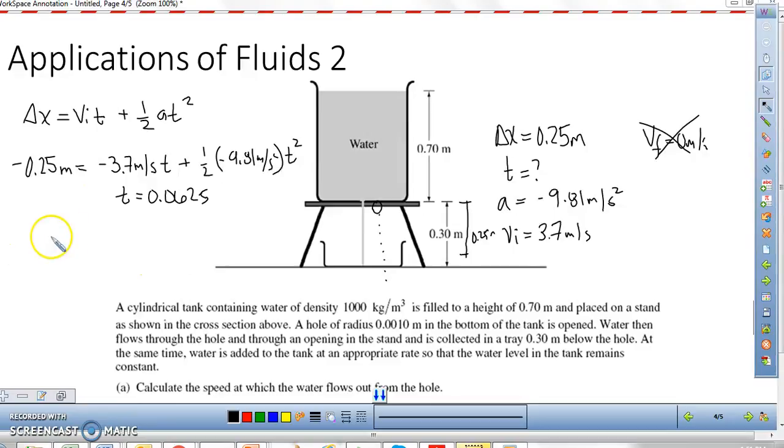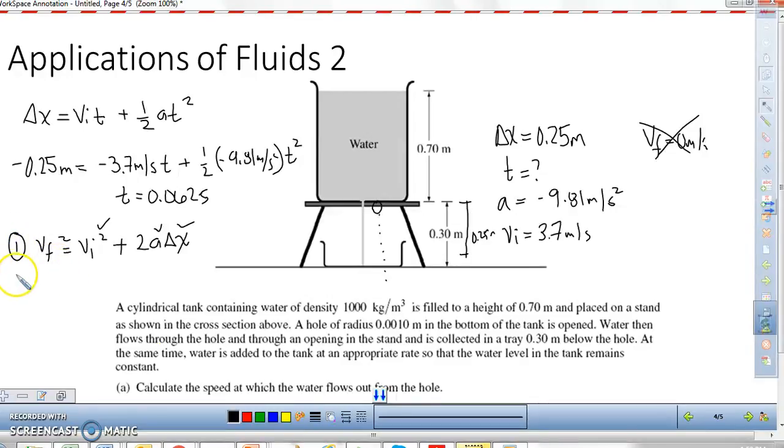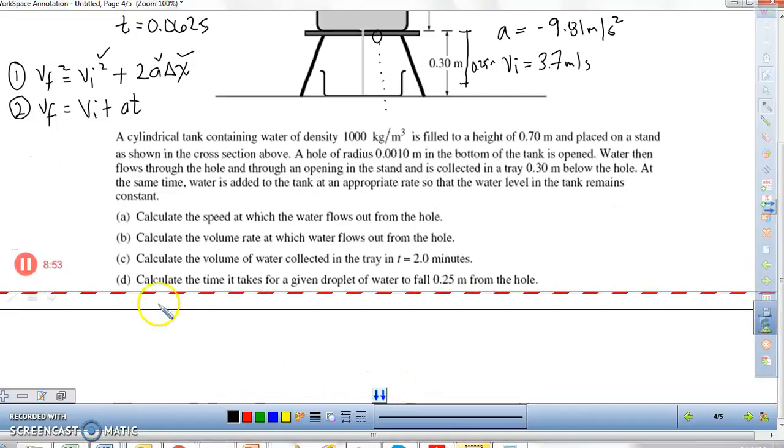My fault. You could do the following: vf squared equals vi squared plus 2a delta x. Sorry, my fault. You do have all of these. You have the acceleration, you have the change in position to solve for vf. And then we go ahead and use this one. So I like the second method just because I don't like dealing with the quadratic.